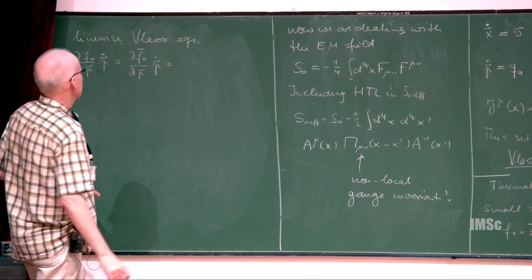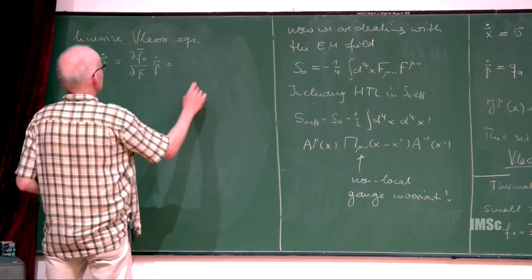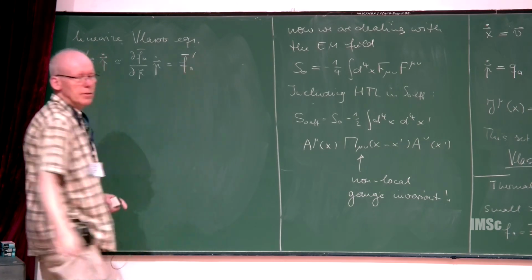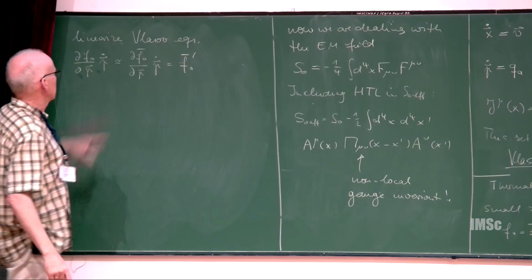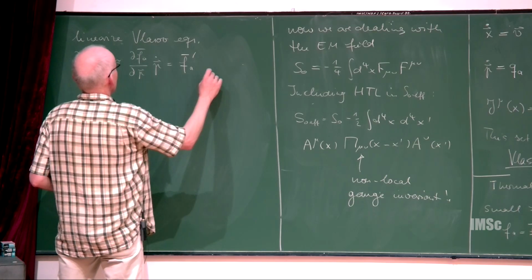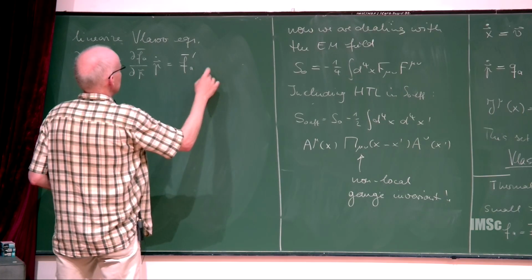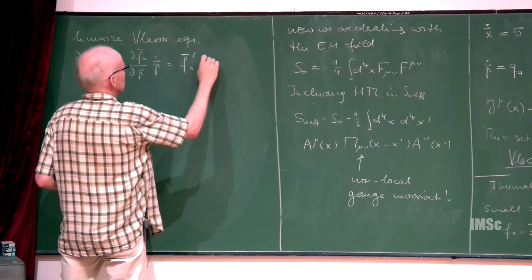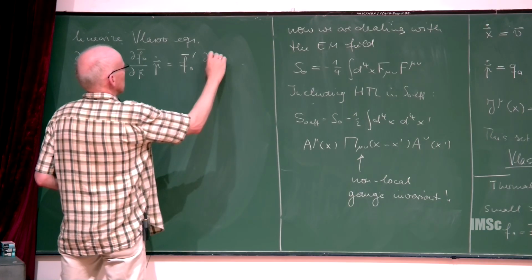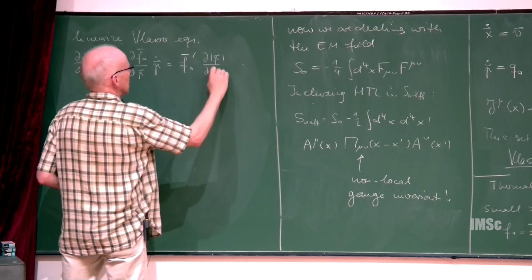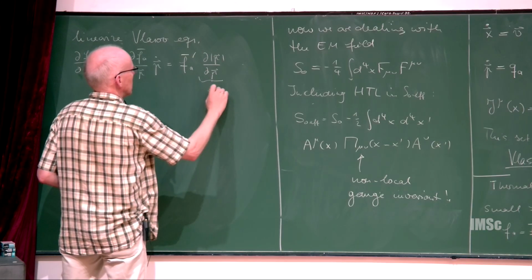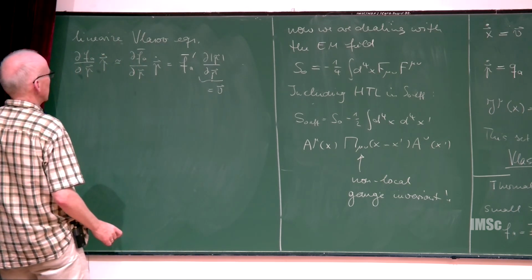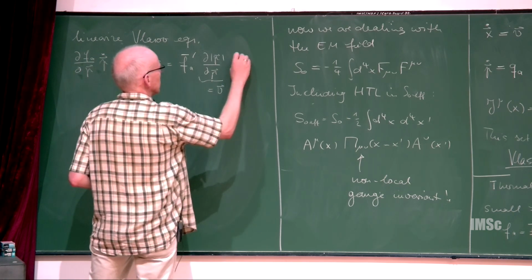This only depends on the modulus of p, so let me just call this f_a prime, the derivative with respect to the energy, and then d|p|/dp. This again gives us the velocity v. And yeah, let's leave this there as it is.